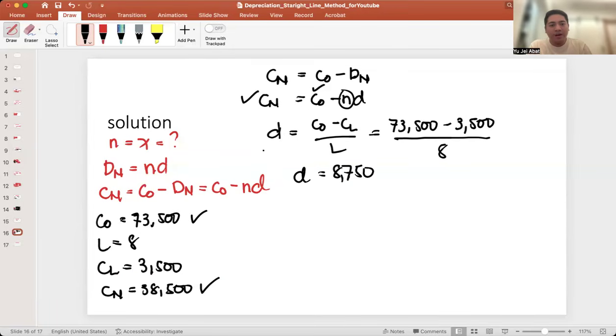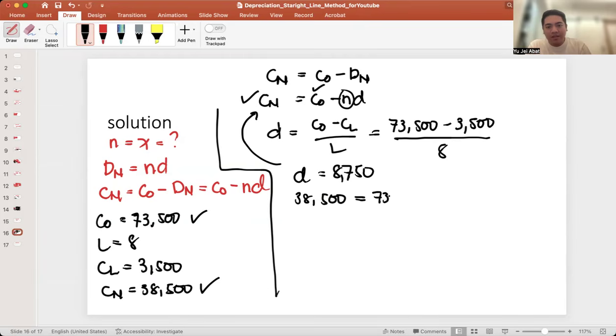And we can already substitute it here to find the value of years. So C sub N, which is 38,500, equals C sub O, 73,500, minus N times D, which is 8,750 N. Okay, so we can just transpose.